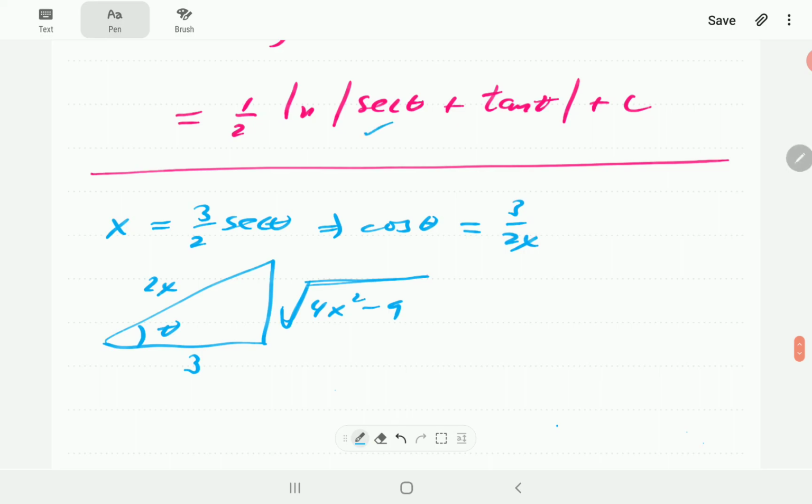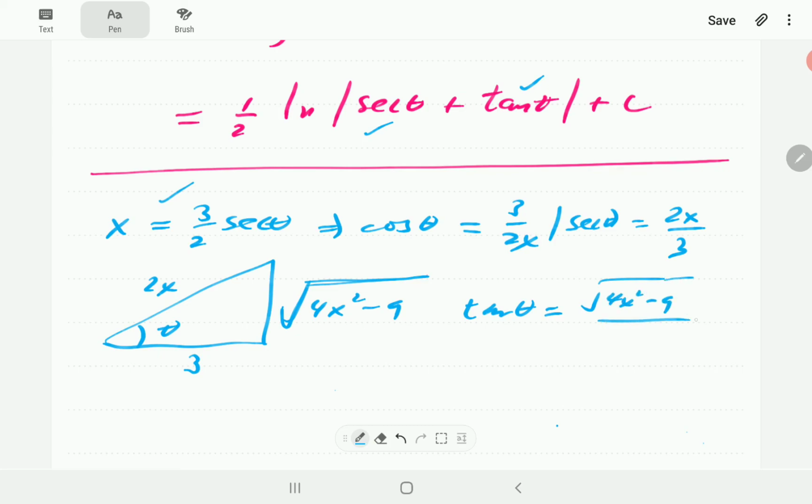We need secant here, which we can have from here. So if we just make secant theta subject of the formula there, it's going to be 2x/3. We need tangent, so tangent theta is opposite over adjacent. So it's just going to be these two.